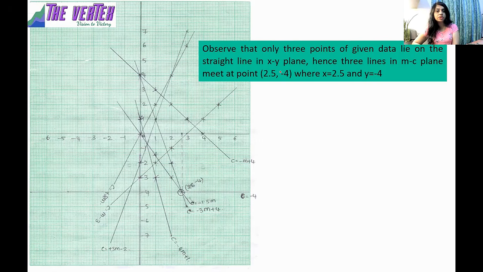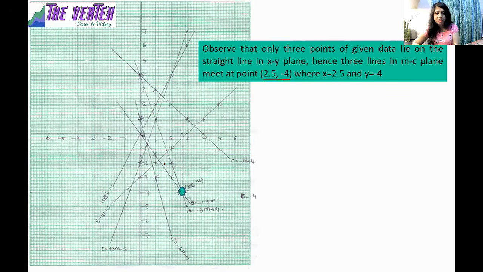Now we have to observe where the maximum lines are crossing. In the previous example, maximum lines were crossing at one point, but here all lines are almost separate. But observe that only 3 points in the data lie on a straight line in the XY plane, and hence 3 lines in the MC plane meet at the point 2.5, -4.